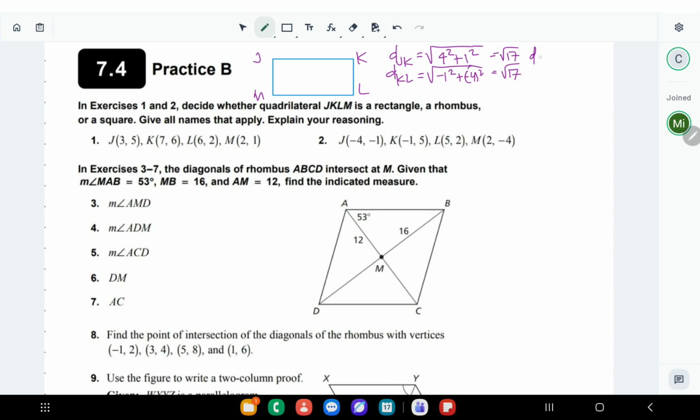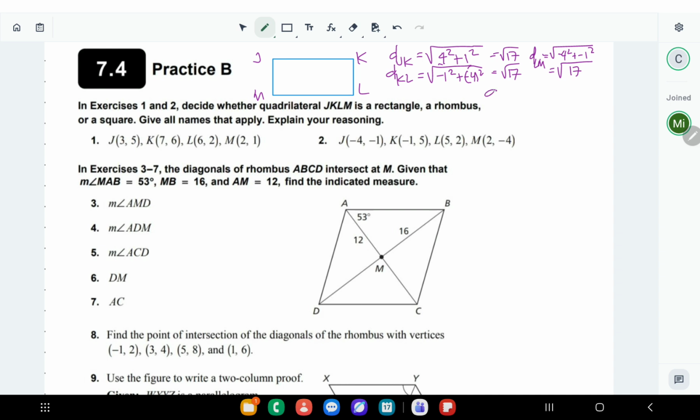Then the distance from L to M is the square root of, make sure you know how to do this, negative 4 squared plus negative 1 squared. I already wrote it directly because there's no space. So I wrote x sub 2 minus x sub 1, that is 4, plus y sub 2 minus y sub 1, that is 1.